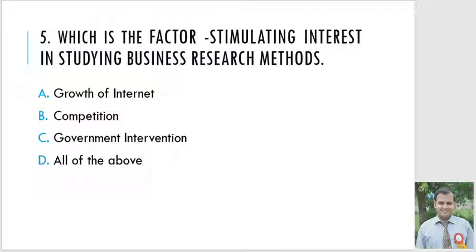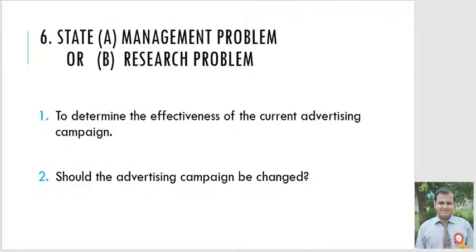Moving ahead with the next question, you have to state either the statement is a management problem or a research problem. If it is a management problem, it should be A, management problem, and if it is a research problem, then the option B, research problem, should be notified. There are total two statements.